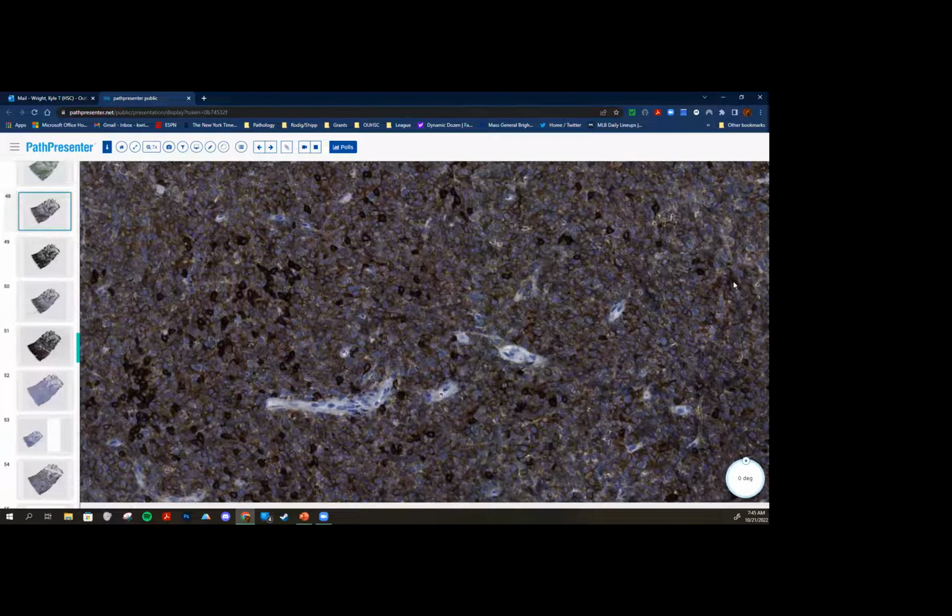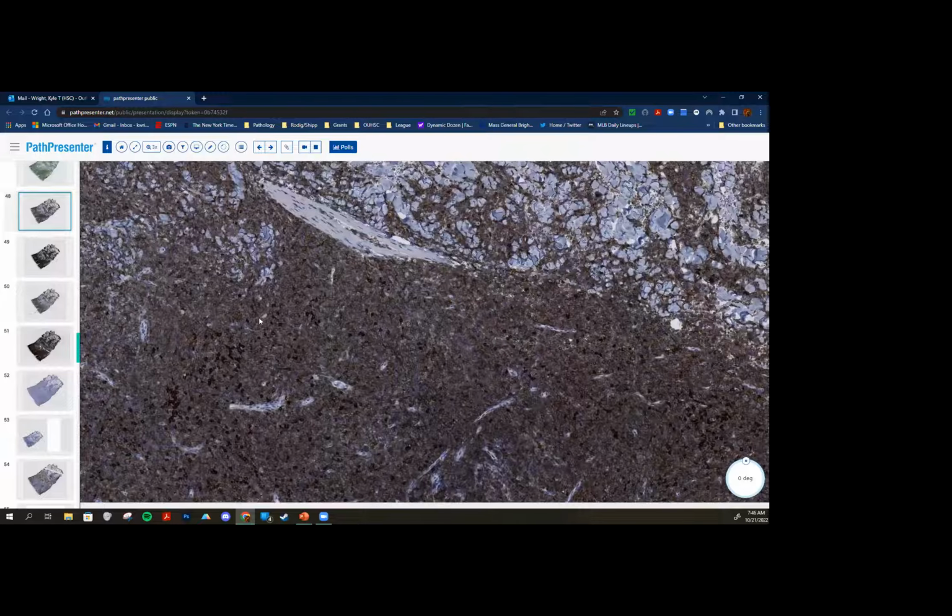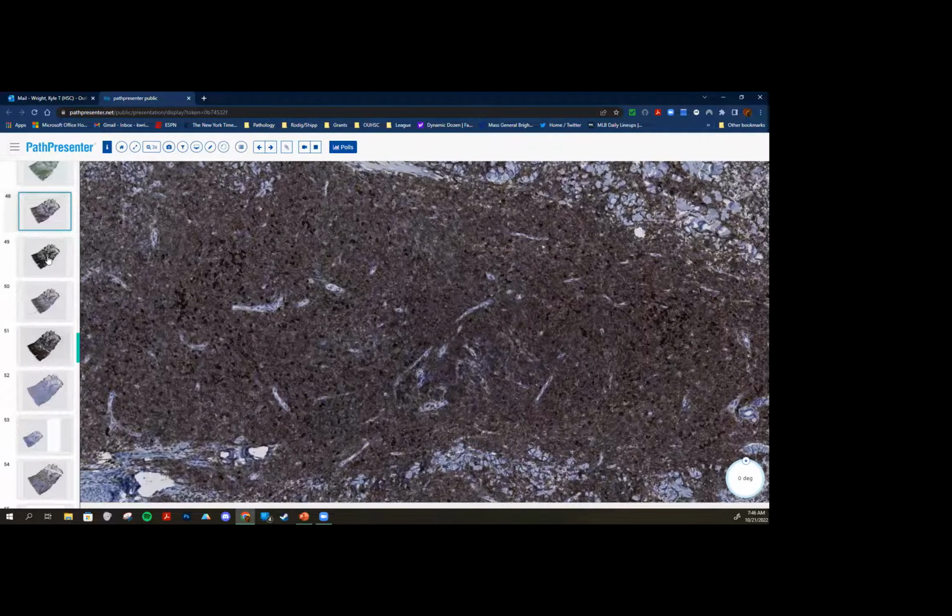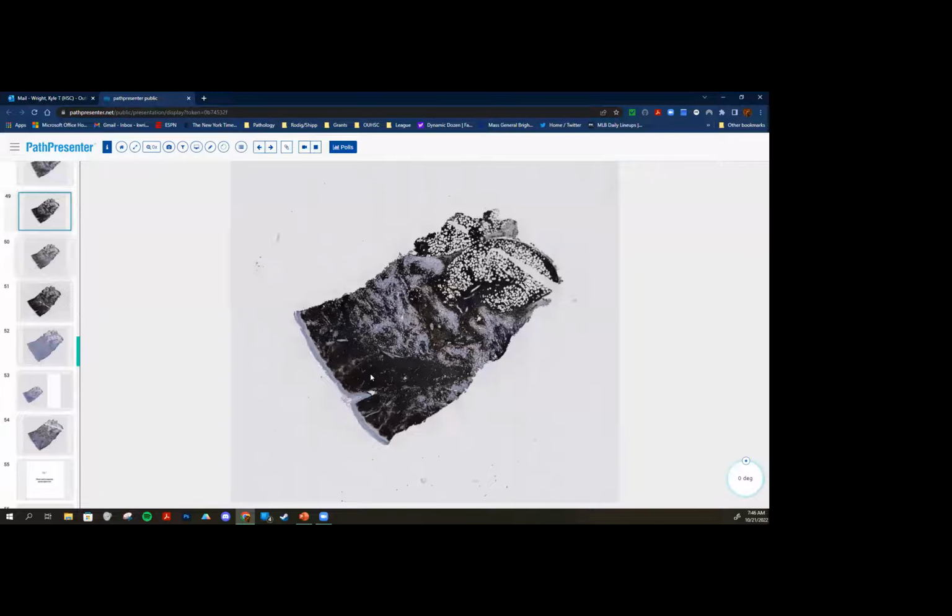Even though you have a strong diffuse pattern of CD4 expression in that background infiltrate, you still see these very, very dark cells, these are your infiltrating CD4 T cells. And you can see how the difference in expression you can pick out even there. So we often utilize that for T cell expression versus non-T cell expression. So CD123 and CD4 positive.